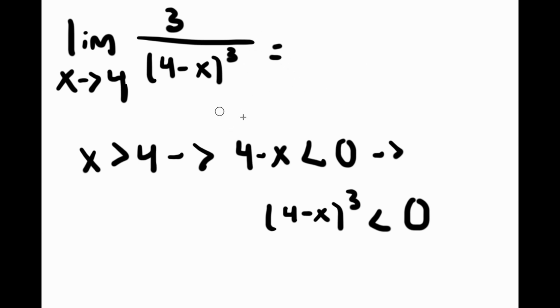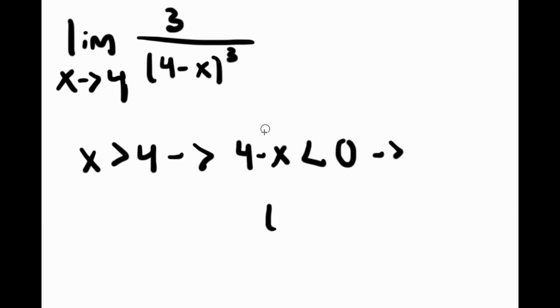But since it's odd, it's going to be negative, and it's going to approach negative infinity from the right-hand side. Because our 4 minus x is going to be a negative value, as we can see right here, and to the third, it's still going to be negative.